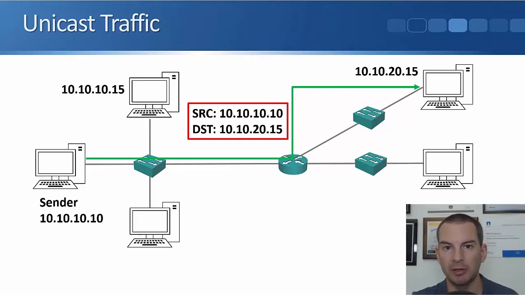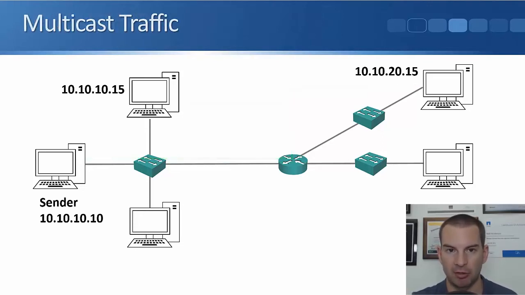Now, we can improve this by using multicast traffic. With multicast traffic, we're going to send 1 copy of the traffic from 10.10.10.10, and that 1 copy is going to get sent to 10.10.10.15 and 10.10.20.15 as well. We're going to run an application on the sender, which is going to send it as multicast traffic.